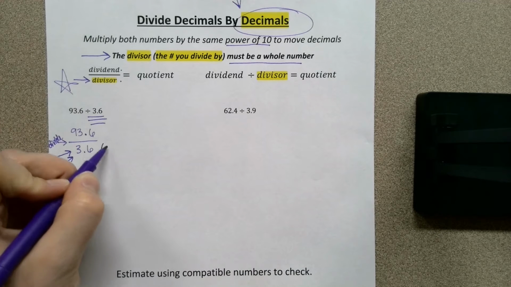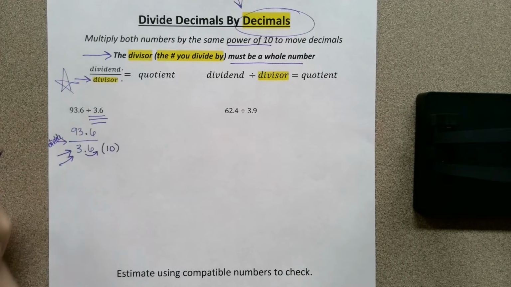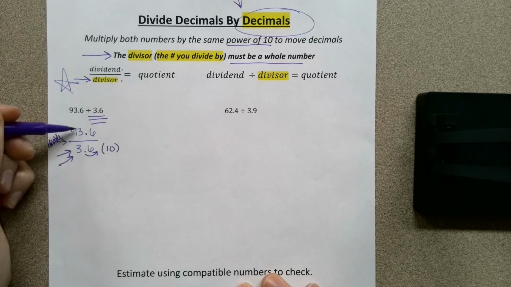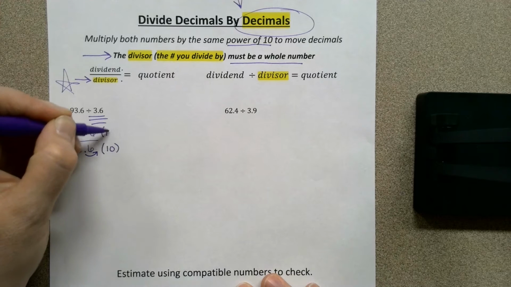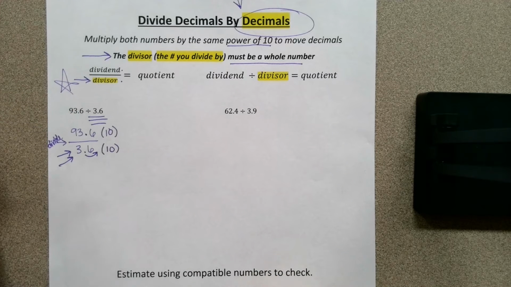3 6/10, if we multiply it by 10, that's going to move it one decimal place, because 3 6/10 times 10 is 36. But we have to keep the relationship between these two numbers the same, which means we also have to multiply that top number by 10, by the same number, just like we would a fraction. But it's based on the denominator, or the divisor.